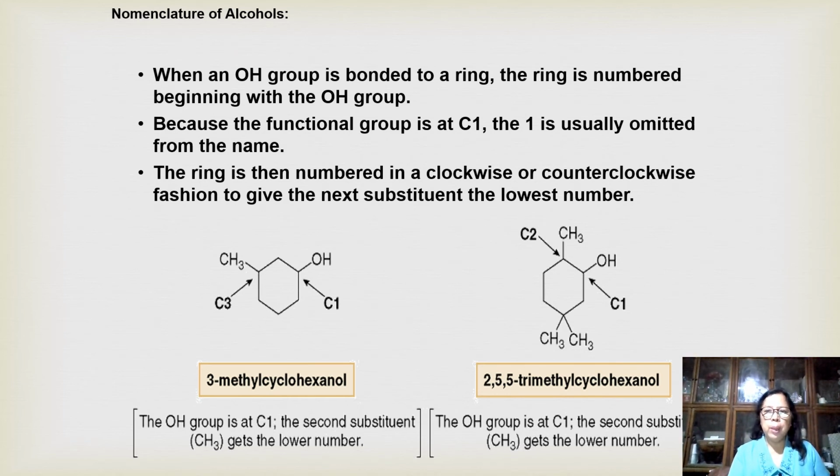In carbon 5, you have 2 methyl. So you have methyl attached to carbon 5, another methyl attached to carbon 5, and another methyl attached to carbon 2, so it is trimethyl. And they are positioned in 2, 5, 5. Trimethyl cyclohexanol.